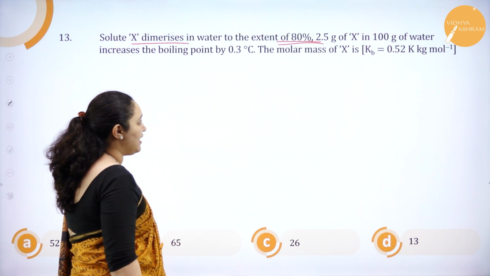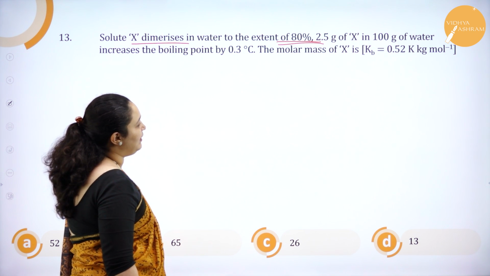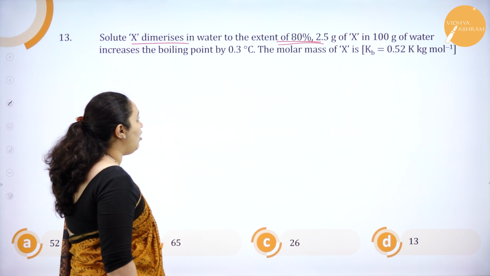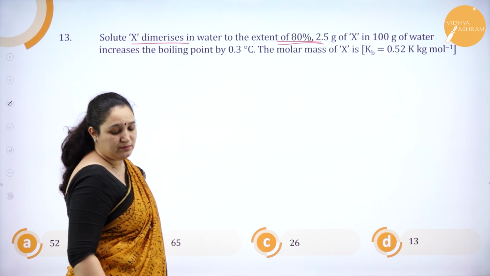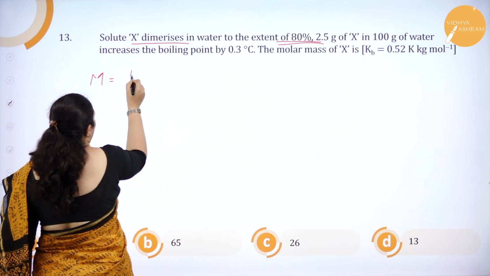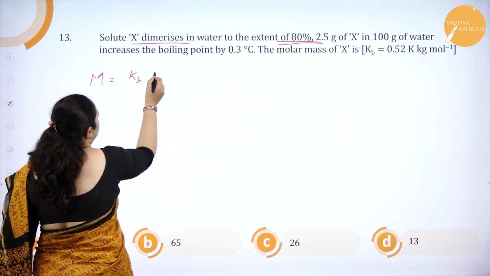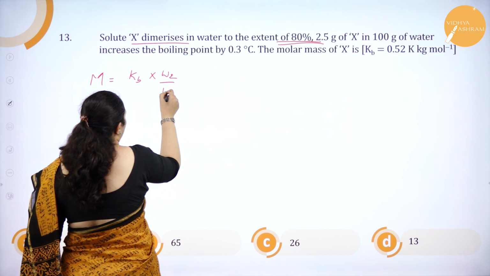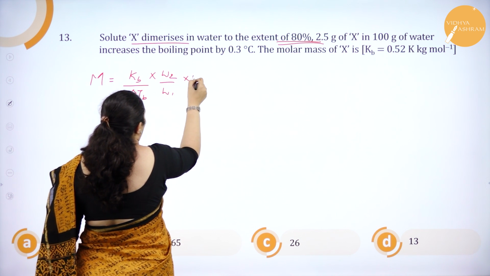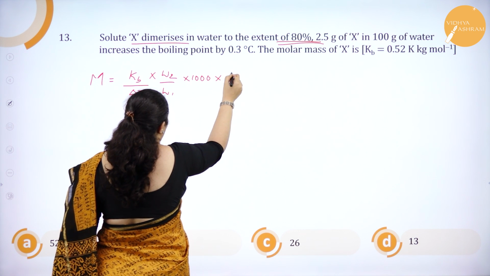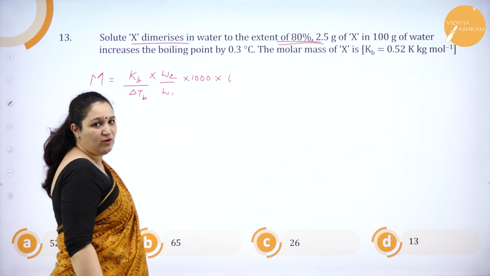Molar mass of X I am supposed to find out and Kb is given. So the formula here to find out molar mass is M is equal to Kb into W2 by W1, and here I can write delta TB into 1000 into i, that is Van 't Hoff's factor.